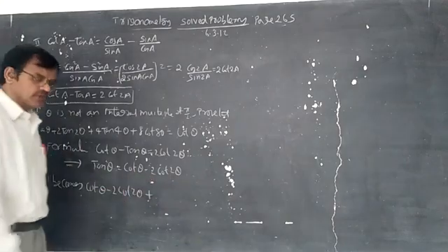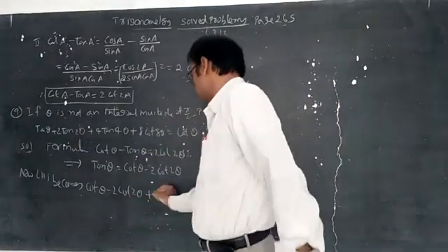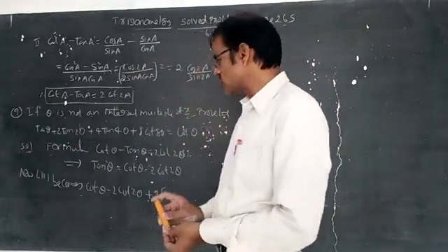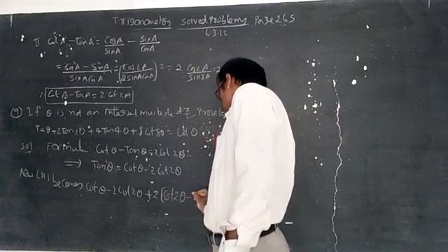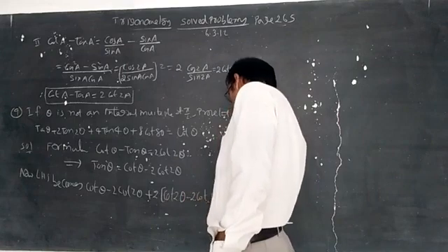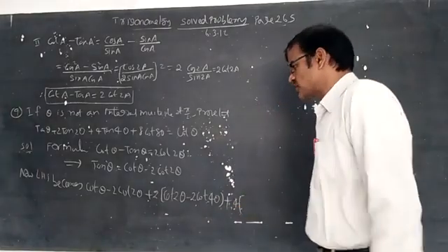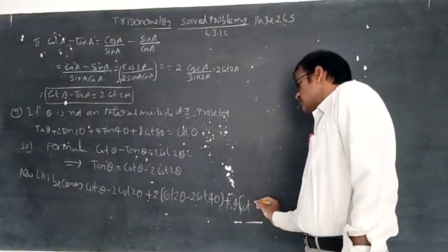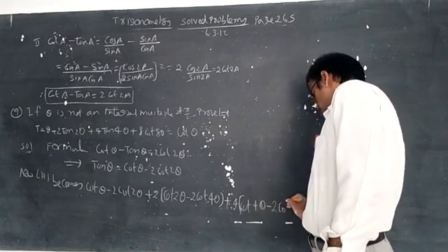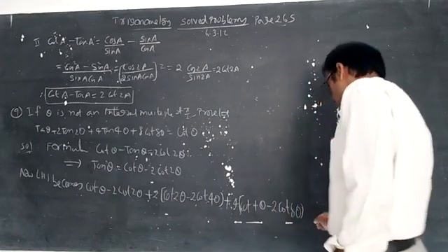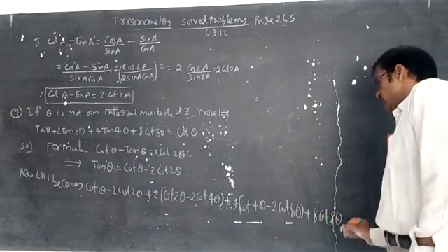So we had tan theta, and in terms of cot it is written like this, plus 2 into, instead of tan 2 theta, cot 2 theta minus 2 cot 4 theta, plus 4 into tan 4 theta, which is cot 4 theta minus 2 cot 8 theta, and at last plus 8 cot 8 theta.